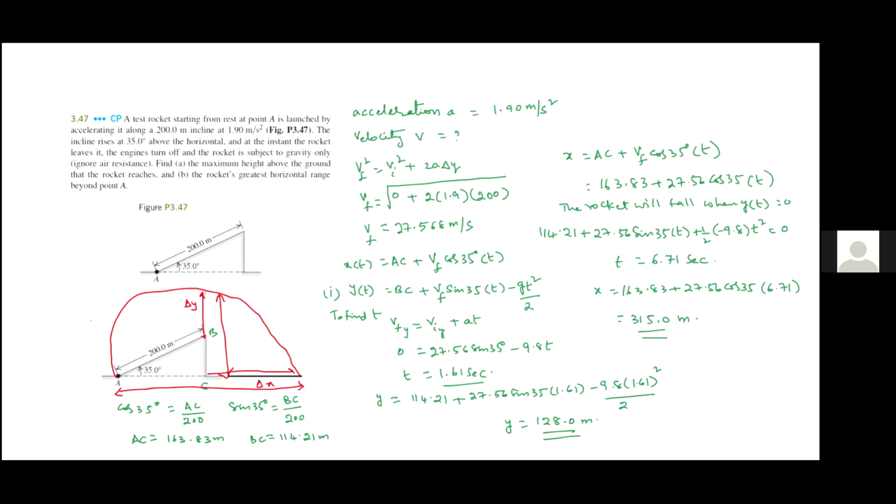So x of t is equal to AC plus delta x. Delta x, we know, distance is equal to Vt, where V is the x component velocity and t is time.